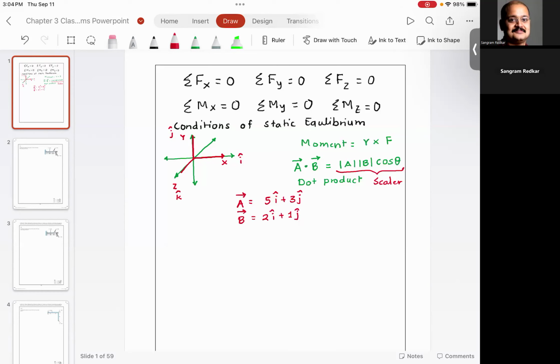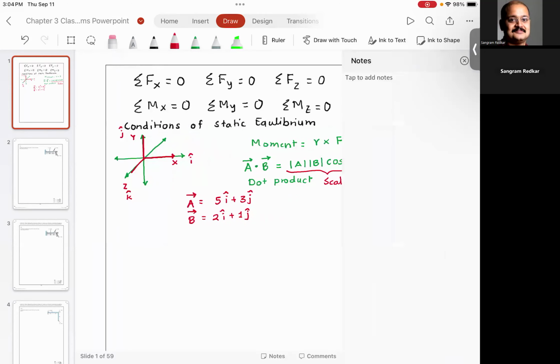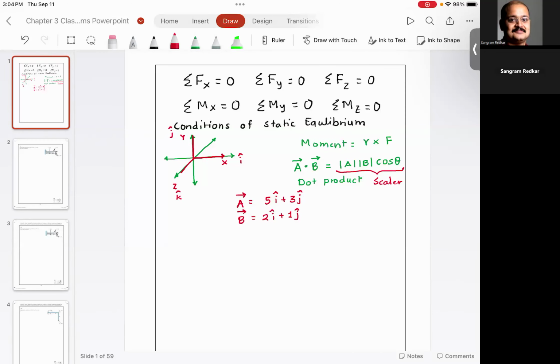If I want to find the dot product A dot B, I should write down 5i plus 3j multiplied by, or dotted with, 2i plus 1j. Now to solve this dot product, you have to expand.